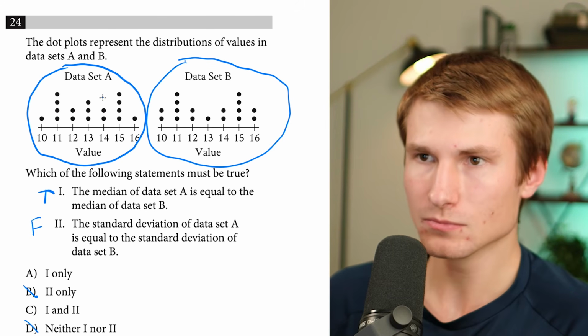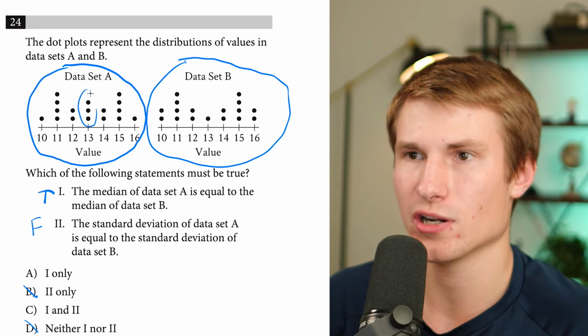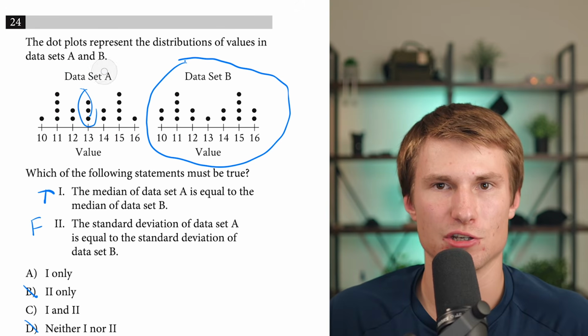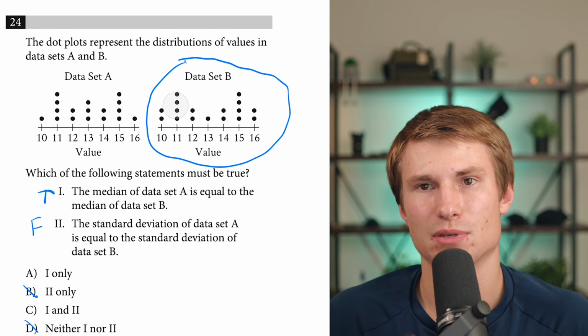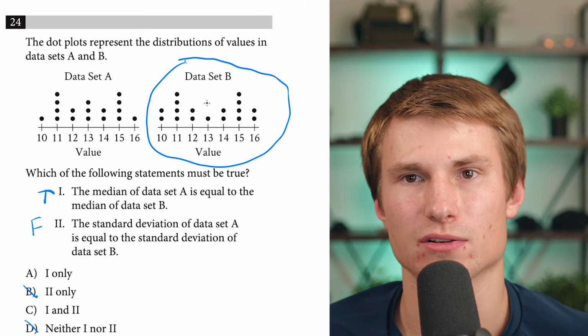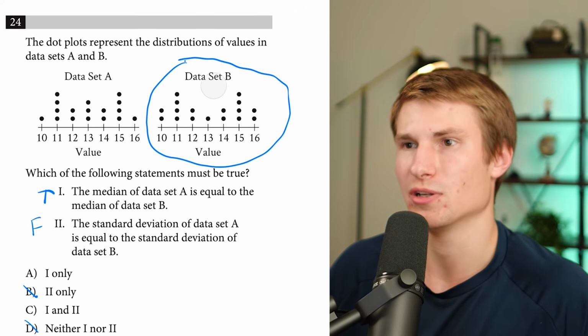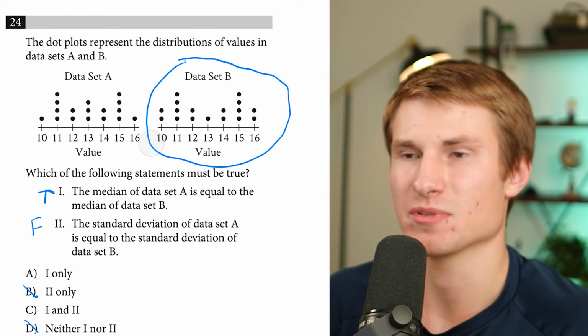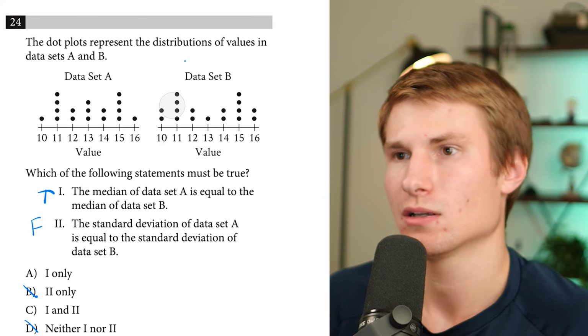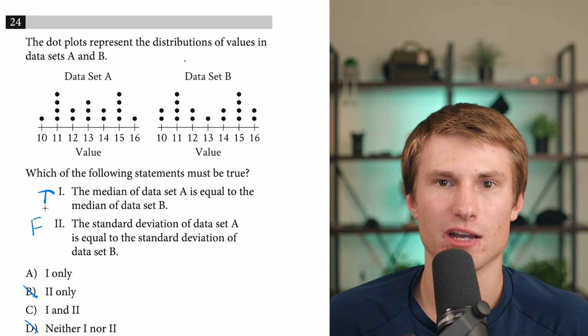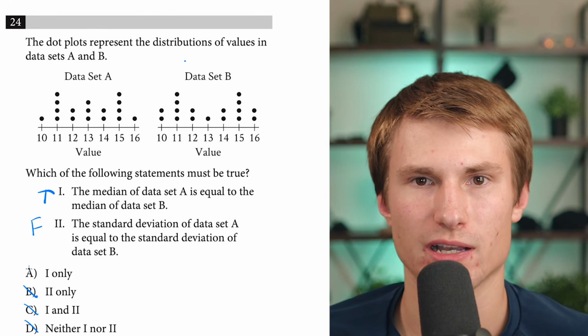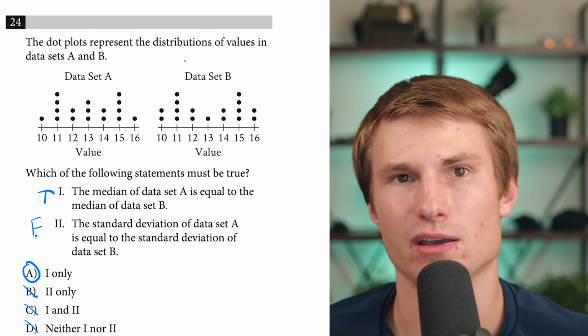Since more values are concentrated around the center, there's less deviation. In data set B there's more deviation, since fewer numbers are centered and they're more widely distributed toward the minimums and maximums. So that would be a greater standard deviation. So we got true for 1, false for 2, and our answer for which of the following must be true is A, 1 only.